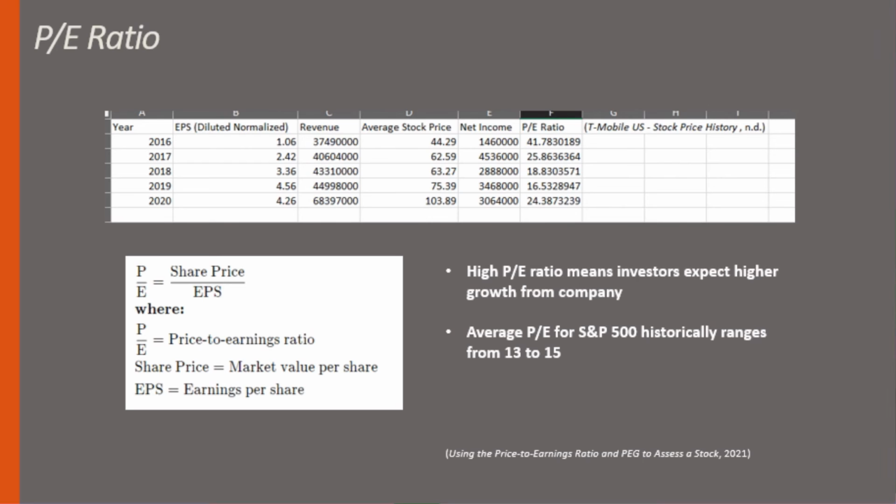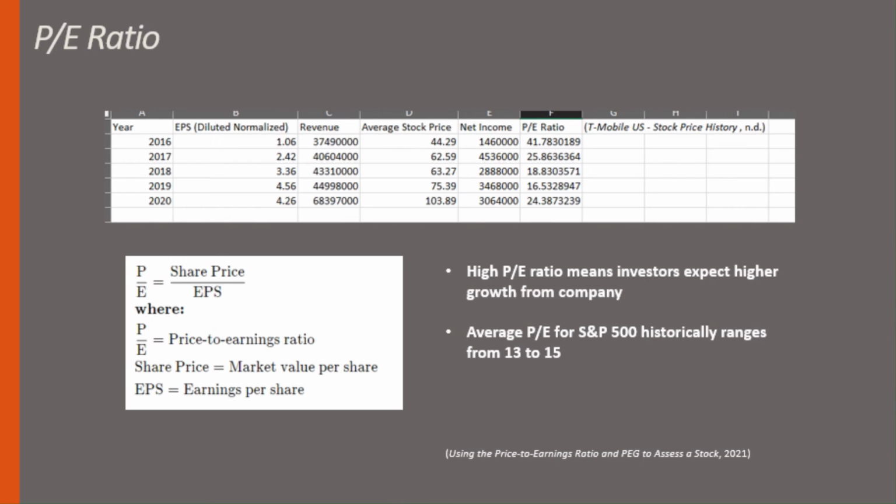Compared to the S&P 500 historical value, the T-Mobile stock could be considered to be overvalued, but you would want to look at this ratio for other companies in that same industry, the telecom industry, and those specifically that are focused on 5G technology.